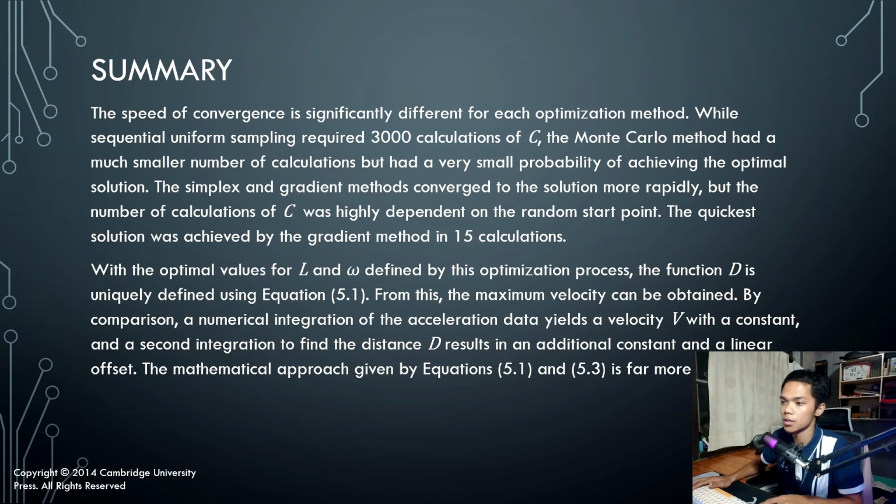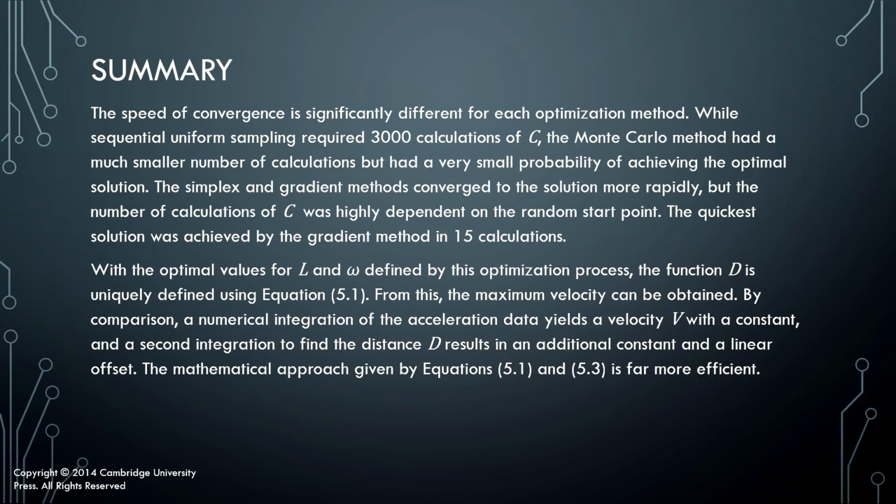A numerical integration of the acceleration data yields a velocity v with a constant, and a second integration to find the distance d results in an additional constant and a linear offset. The mathematical approach given by equations 5.1 and 5.3 is far more efficient.